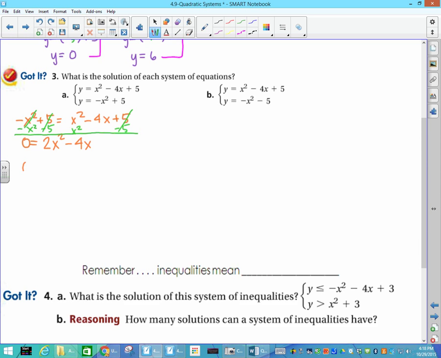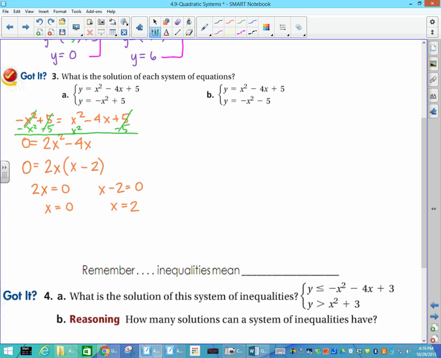Always want to try factoring first, and this one has a GCF of 2x, leaving me with x minus 2. And just like we did before, we're going to set each factor equal to 0. 2x equals 0, x minus 2 equals 0. Divide both sides by 2, x equals 0. Add 2, x equals 2.